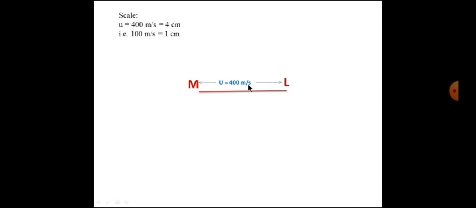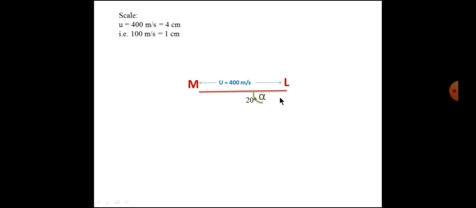Now, from point L, we need to draw angle alpha. Alpha value is given in the question as 20 degree. So from point L, we will take an angle of 20 degree. So angle alpha needs to be drawn here.